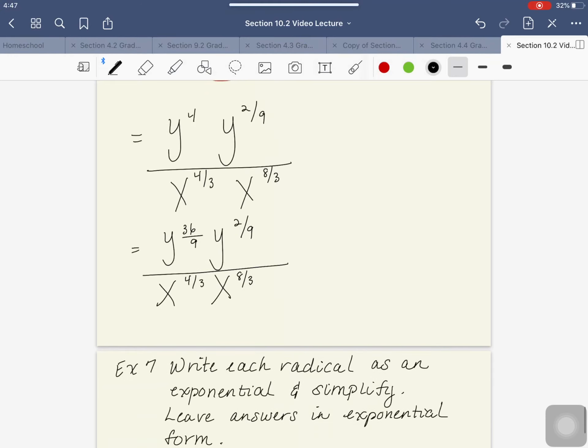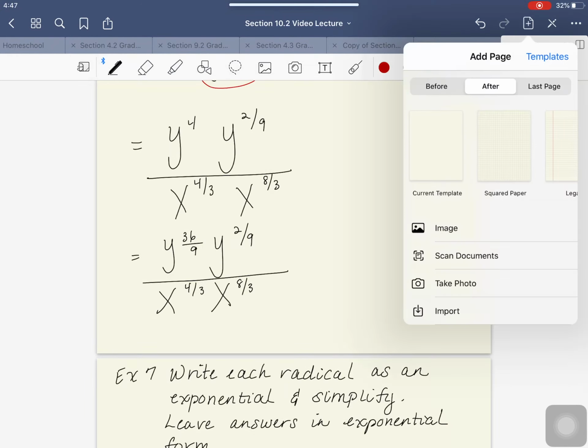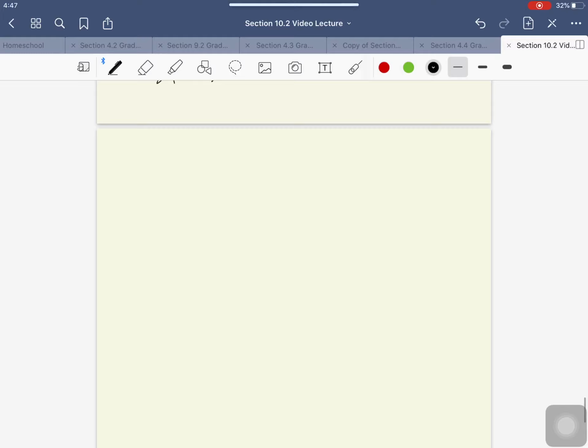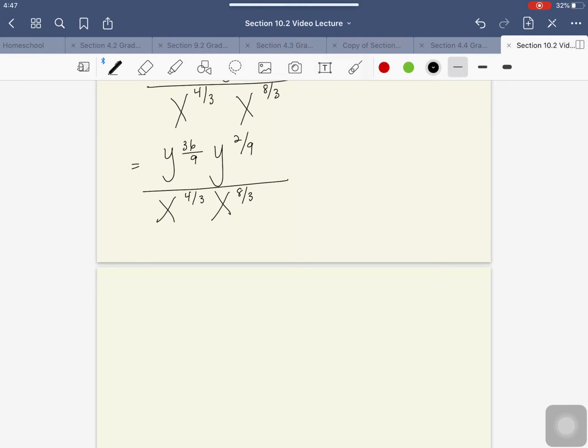Just rewriting it with a common denominator. All right, so that will equal y to the 38/9 and x to the 12/3, which is x to the 4th. And that's the final answer.